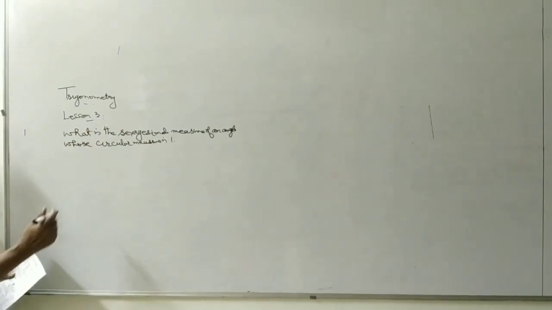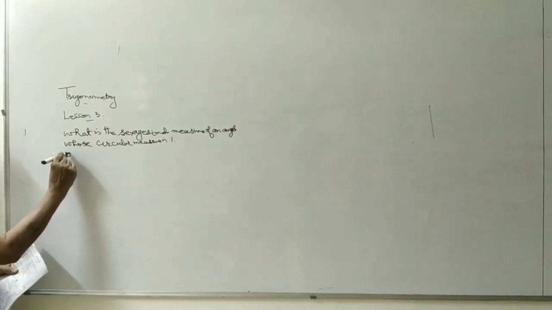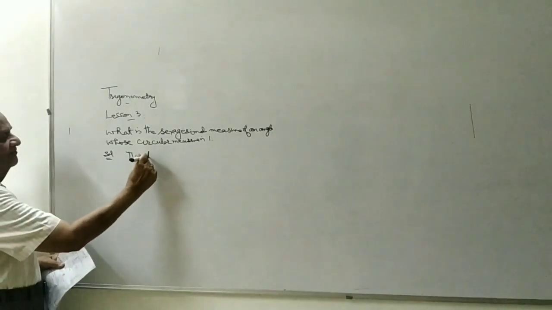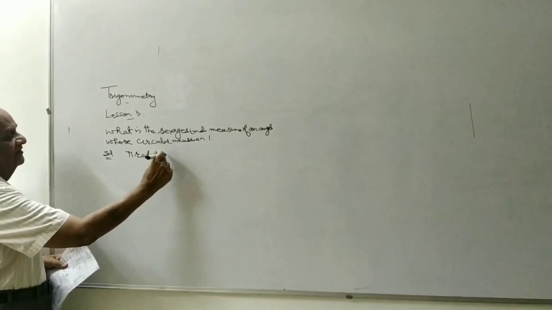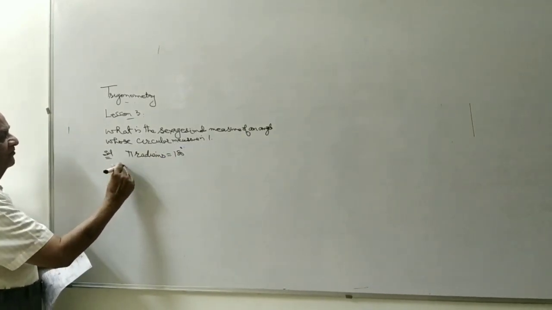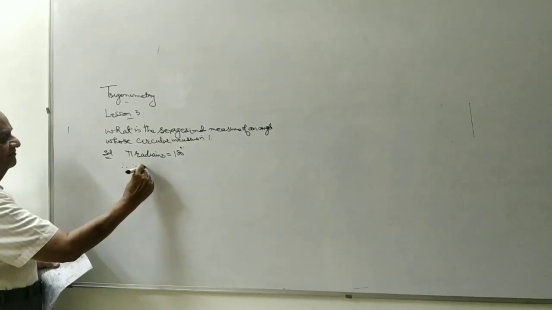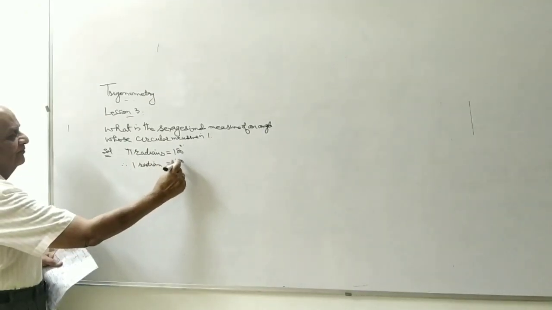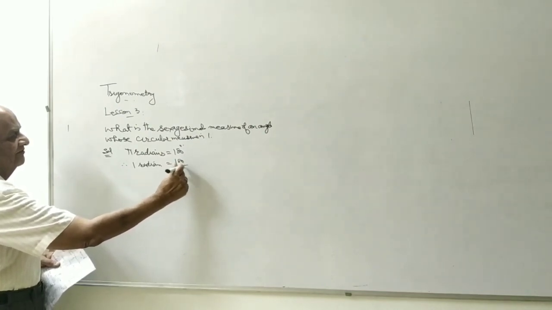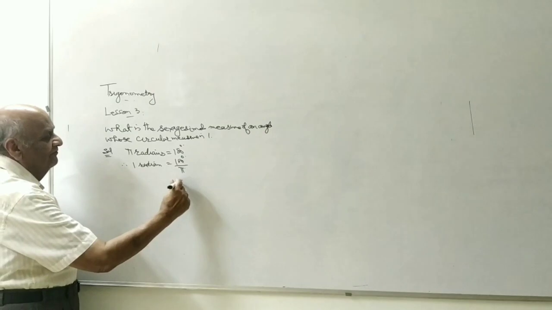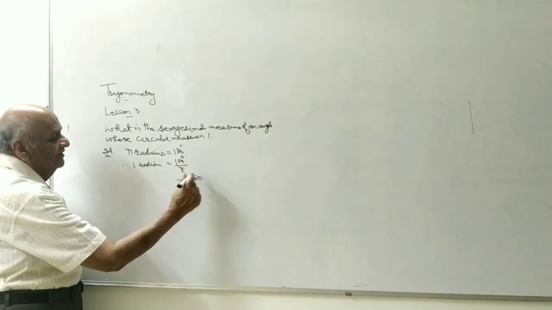So we start with the solution. We have pi radians is equal to 180 degrees. Therefore, 1 radian is equal to 180 upon pi degrees. Now take help of the value of pi, because we want in degrees.